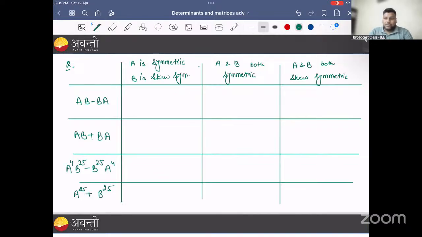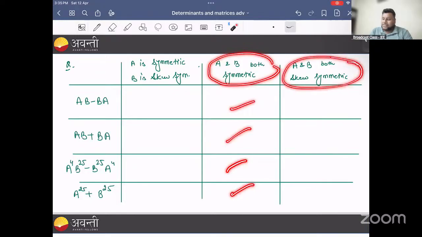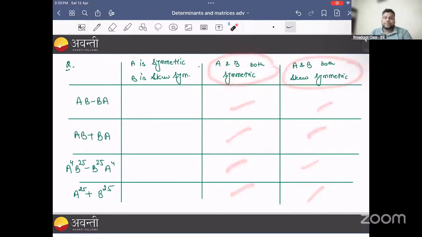So what do you have to say about these cases, that under these circumstances, what will be these four? Under these circumstances, what will be these four? And under these circumstances, what will be these four?